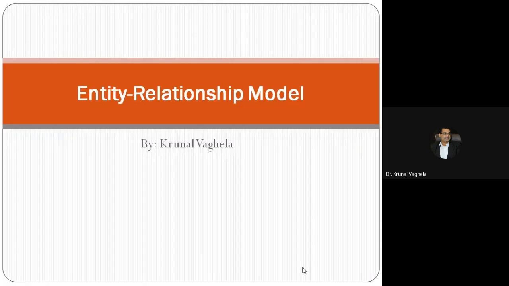So yesterday we started with your unit number 2, which is ER model, ER diagram, and we have seen why ER diagram is so important, why design is so important. We saw an example from civil engineering.